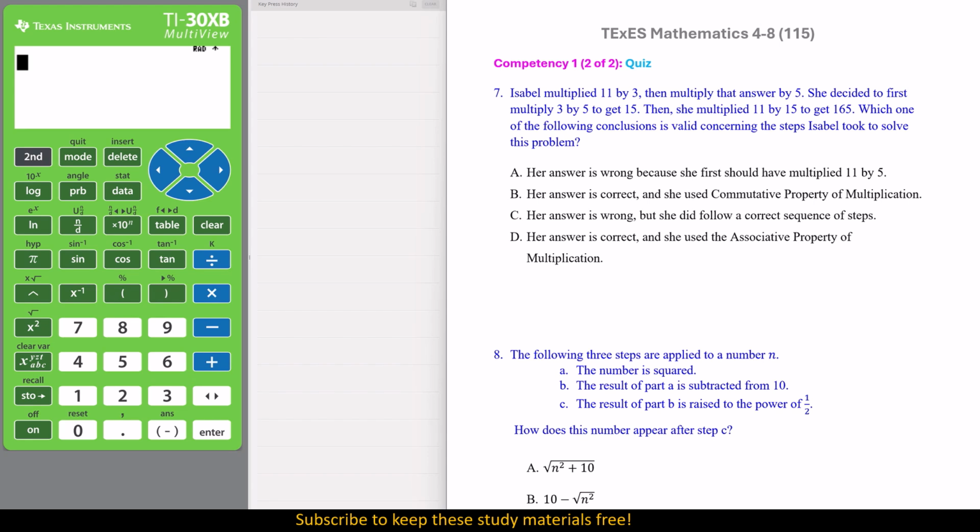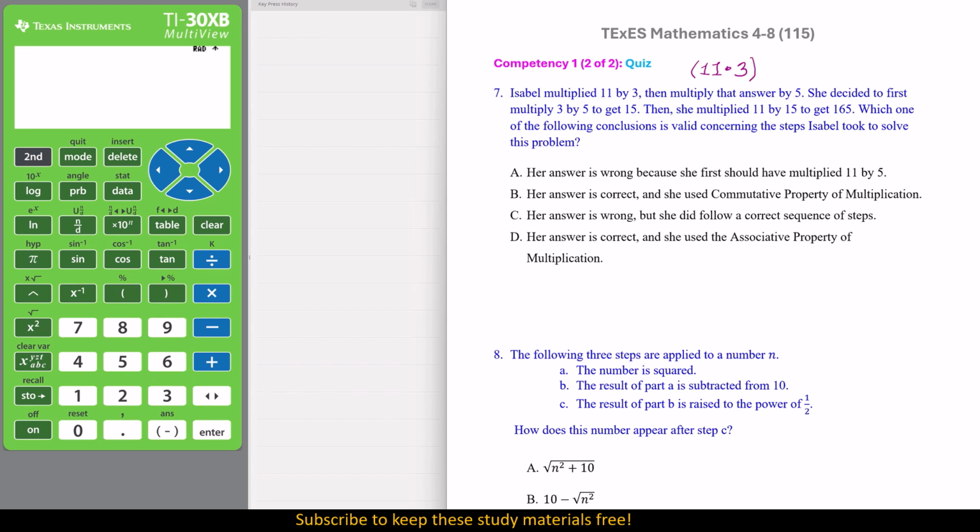Okay, this is all in the English wording. So I'm going to take a look at that first, and then we can look at our ABCD options. So this is what they're saying. We have 11 multiplied by 3.